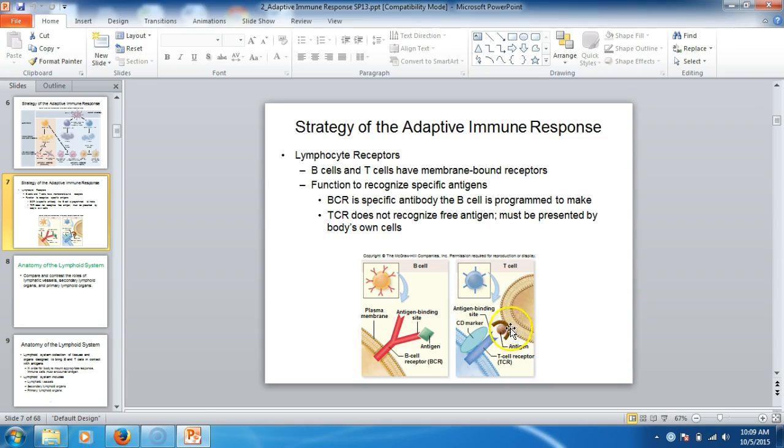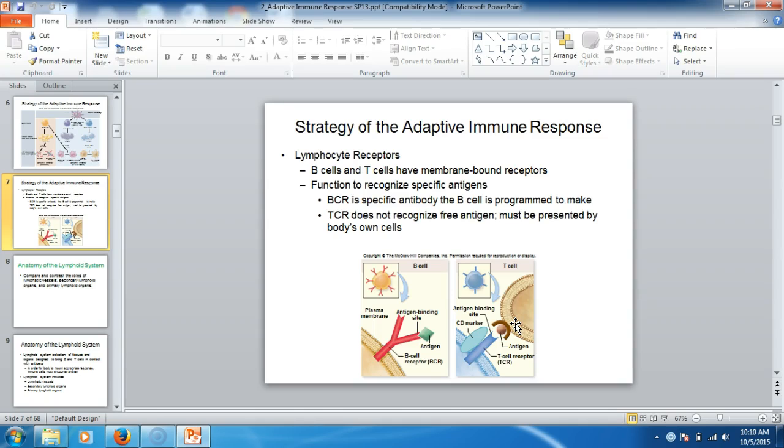And it's presenting it using a receptor called MHC. We have MHC class 1 and MHC class 2. MHC class 1 is found on all of your nucleated cells. So any one of your cells that gets infected, it can present antigen on its surface.